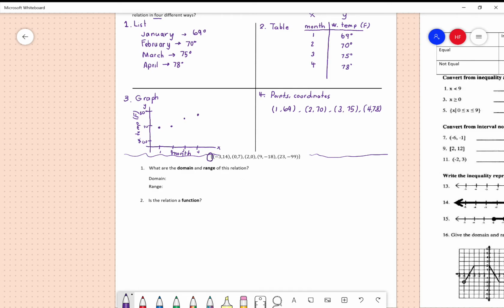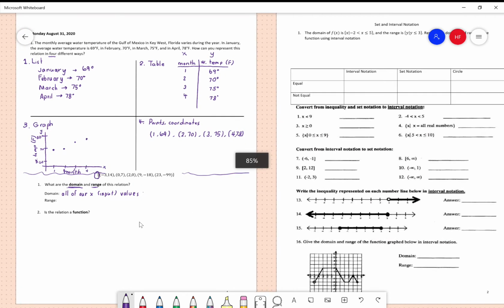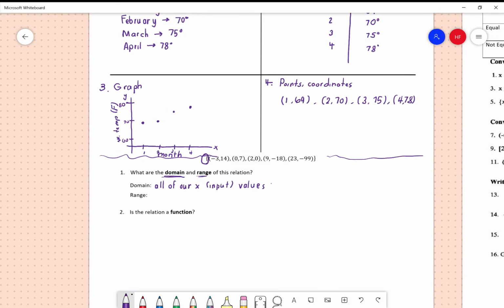And we've got our questions here. We say the domain and the range. So just a refresher, domain is all of our x values, our input values. So all of our input values, we're going to list them to make our domain. So -3, 0, 2, 9, and 23.